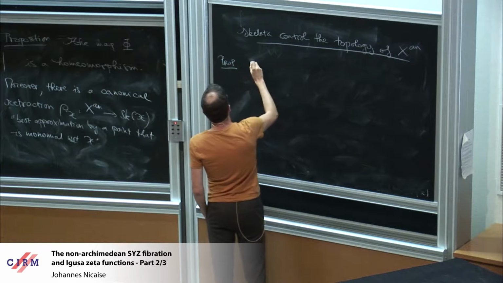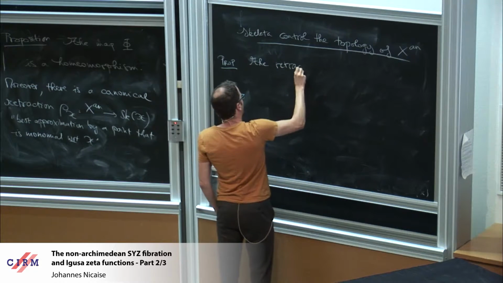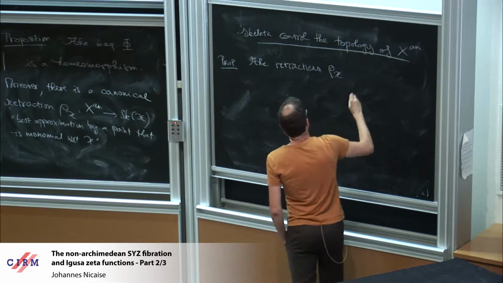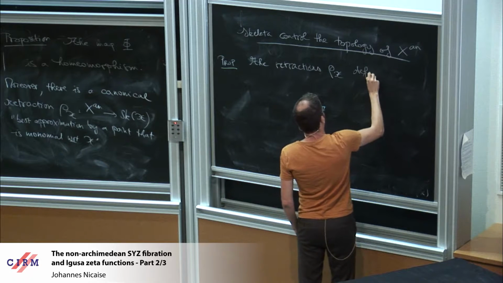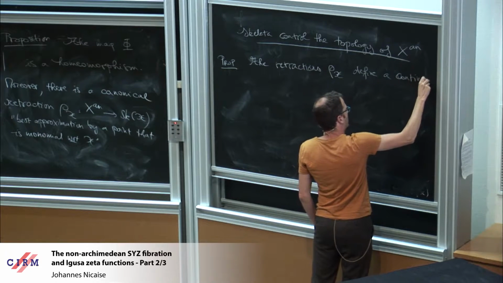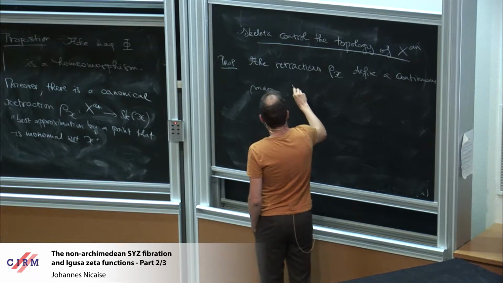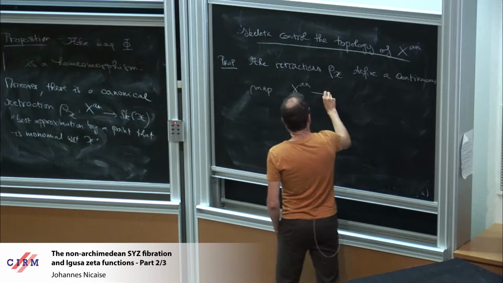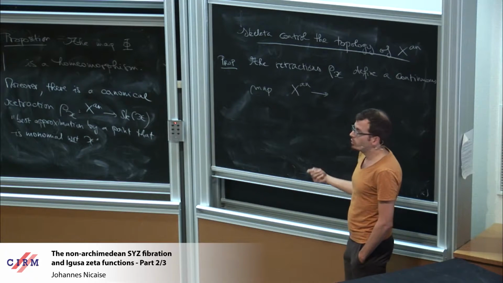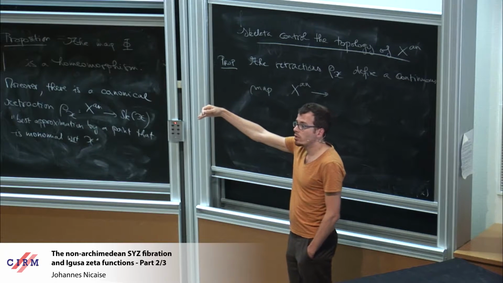The retractions rho X define a continuous map from the Berkovich analytification. So now instead of taking one DLT or SNC model, curly x, I consider the whole projective system of such models.